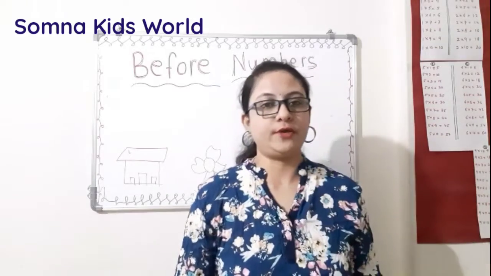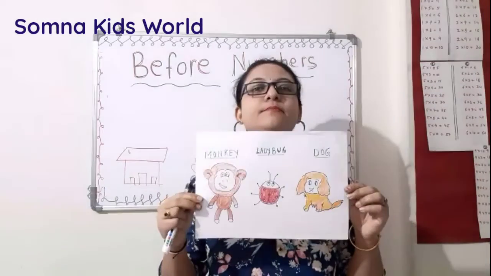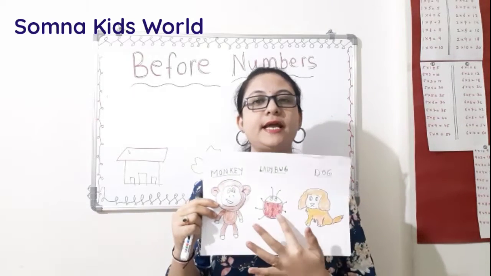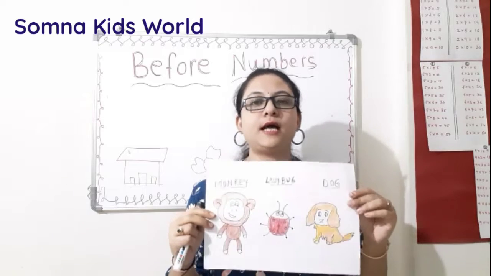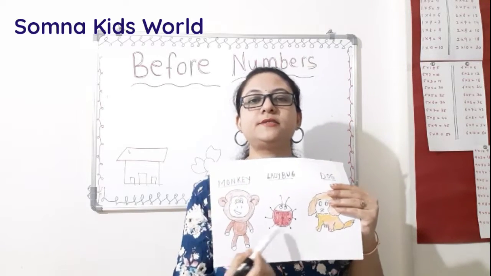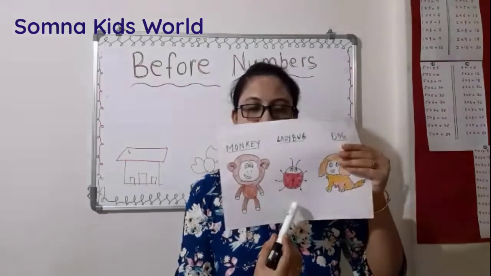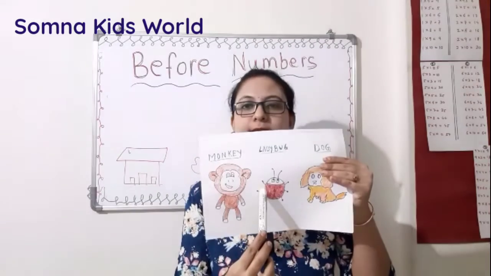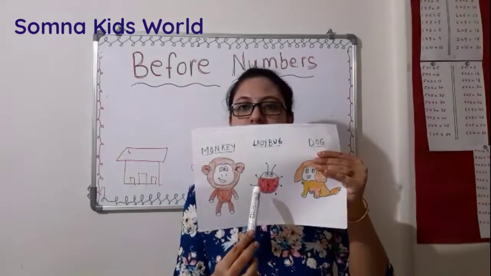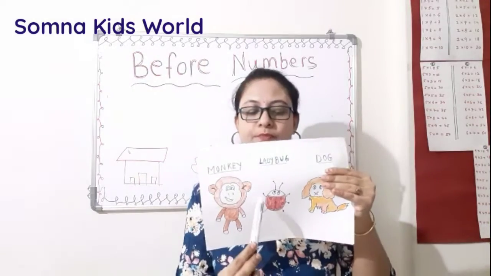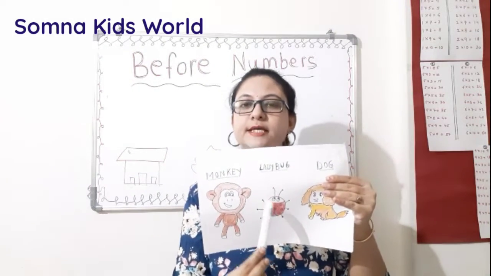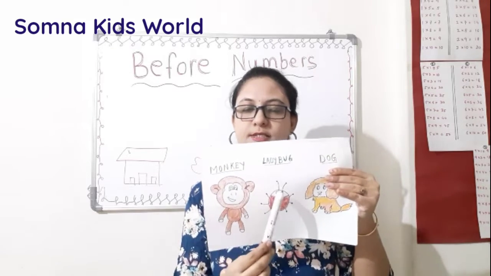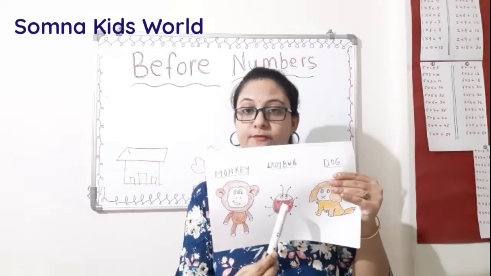Suppose I am going to show you something here on this paper. You can see a picture where a dog, a ladybug and a monkey are there. Two animals and one insect. So what is before the dog? Before the dog is a ladybug. Now what is in front of, or before, the ladybug?